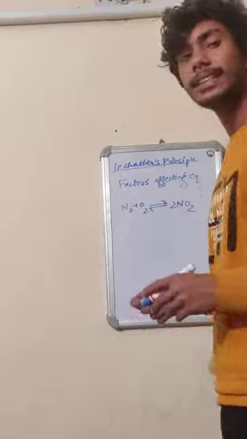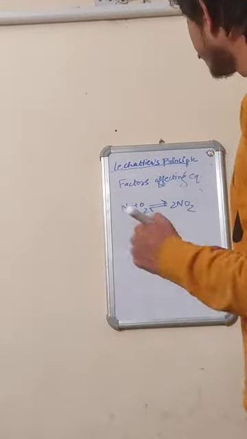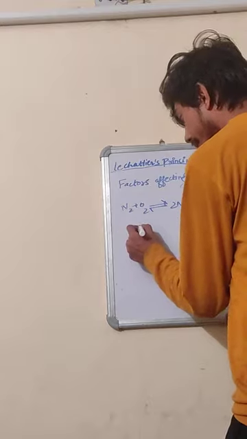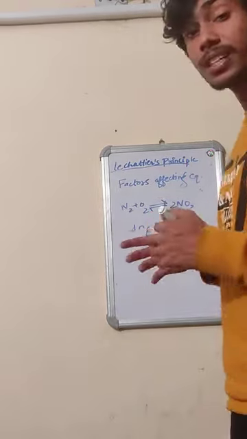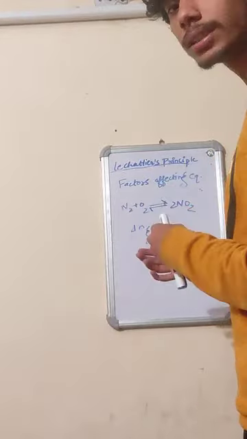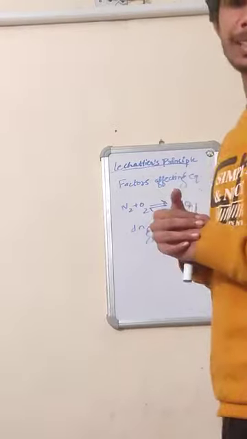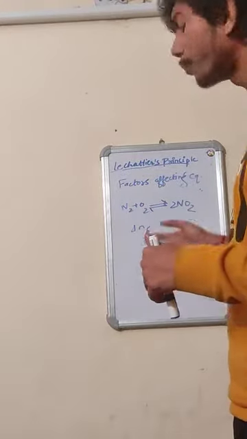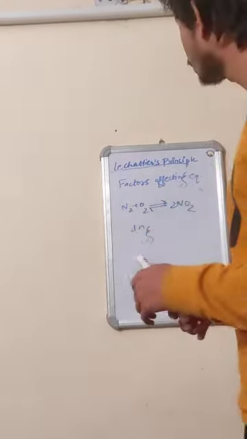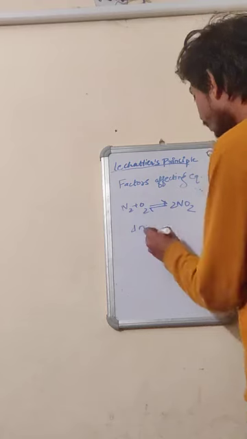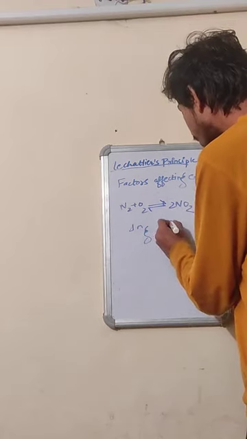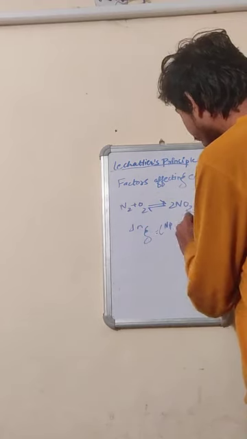There is one thing called delta Ng, which is the difference between the number of moles on the product side minus the number of moles on the reactant side. I am talking about the number of moles in the gaseous state, so we will only consider the moles of gases. So delta Ng is the number of moles on the product side minus the number of moles on the reactant side.